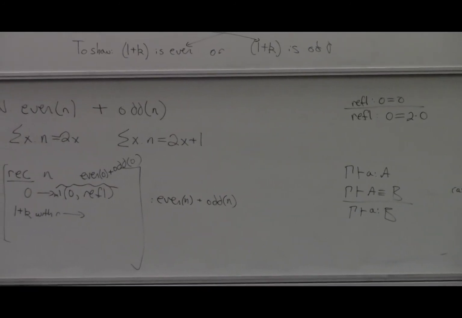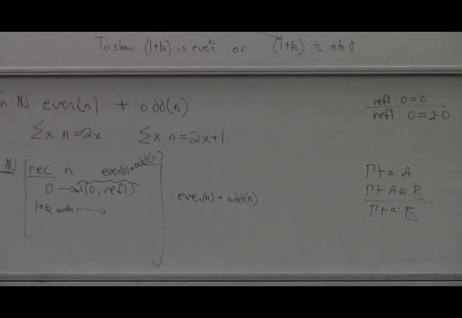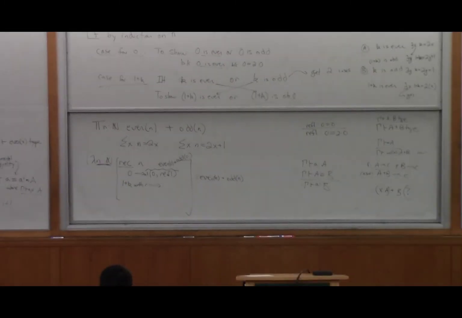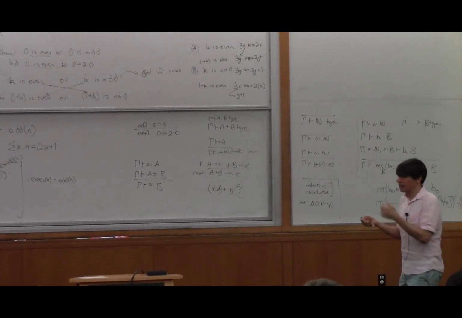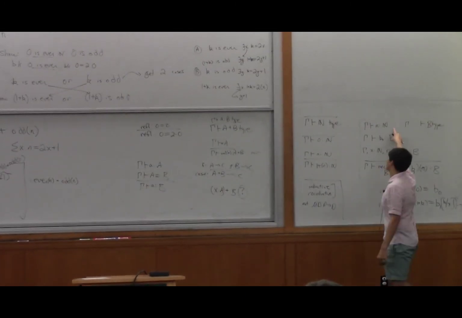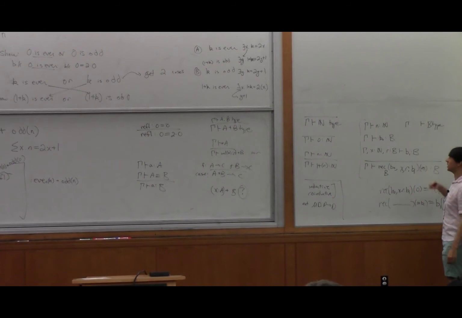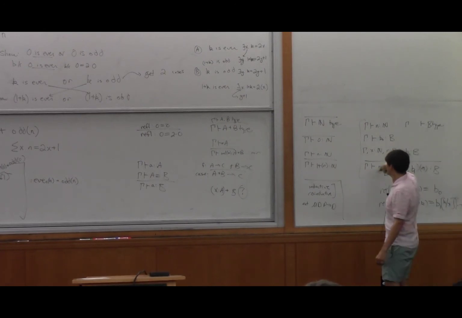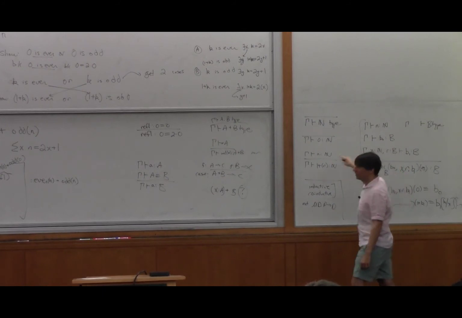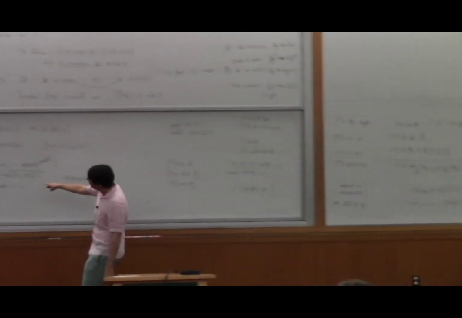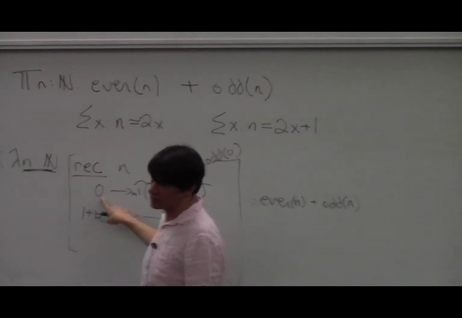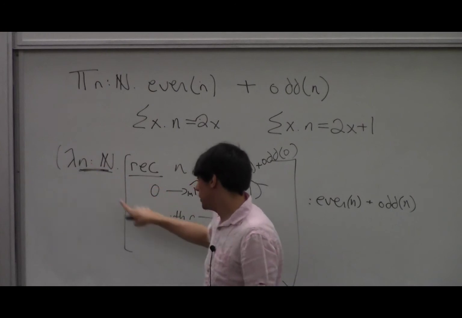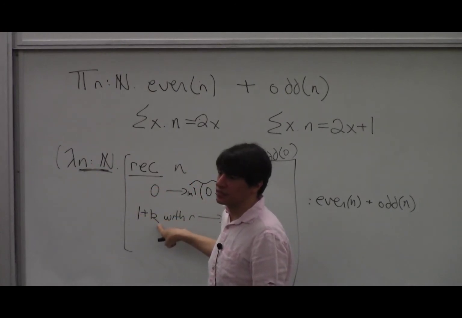Morally, yes. Formally, no. Somehow, we haven't yet captured how a proof by induction was supposed to work. What we said was, we can write a function by recursion that produces a B and assumes a B and produces a B. But there's nothing about this rule that says that in this branch, n becomes 0, and in this branch, n becomes 1 plus k.